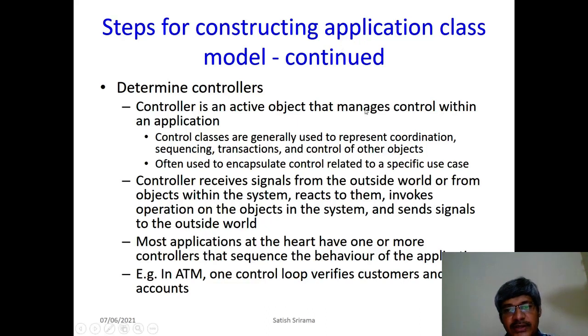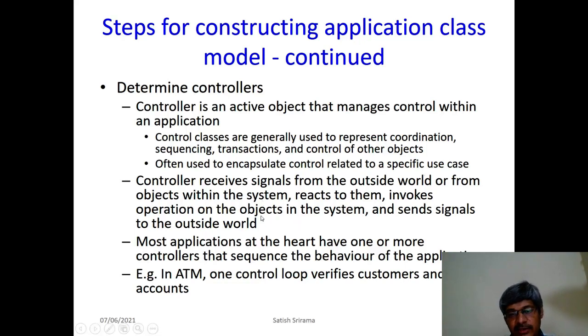A controller is an active object that manages control within an application. Control classes are generally used to represent coordination, sequencing, the whole transaction, and the control of other objects. They are often used to encapsulate control related to one specific use case.